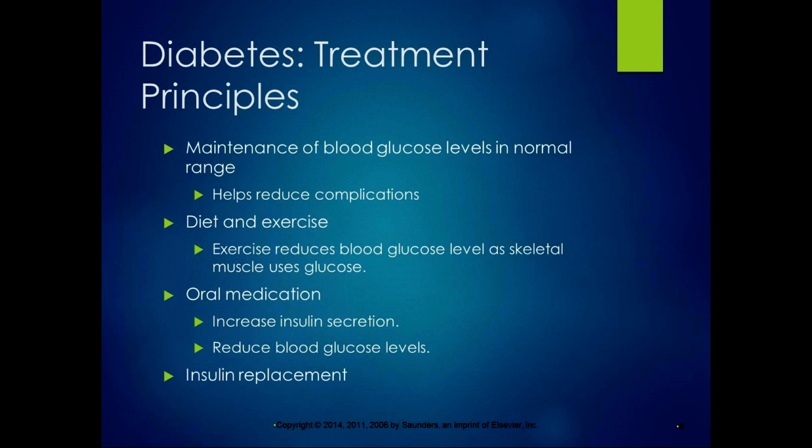Exercise reduces blood glucose level because skeletal muscles use more glucose and they don't need the insulin to metabolize it. And then diet, controlling your intake, that's important. Oral medication can increase insulin secretion in type 2 diabetes, and it can reduce blood glucose levels. And insulin replacement is necessary in type 1, and it's often used in type 2 as well.